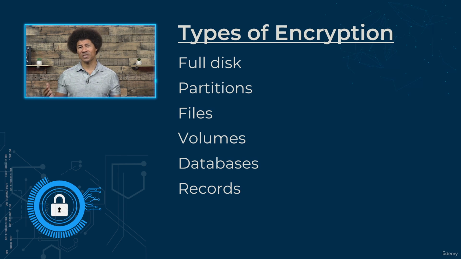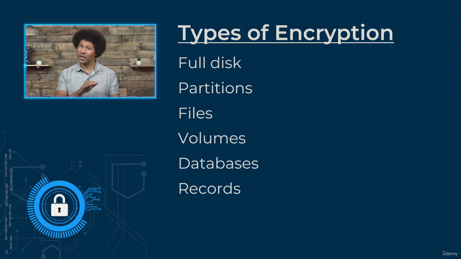There's a few different types that we're going to go over, so let's be clear on what those are. We're going to be talking about full disk encryption for full hard drives. We're going to be talking about partial encryption on hard drives utilizing partitions. We're going to be talking about files at the actual file level. How do we encrypt those? After the file level, we're going to be talking about encrypting volumes on actual hard drives.